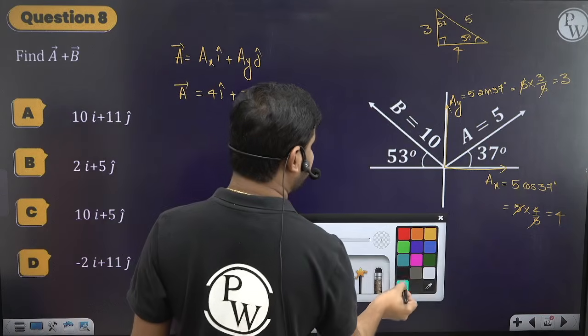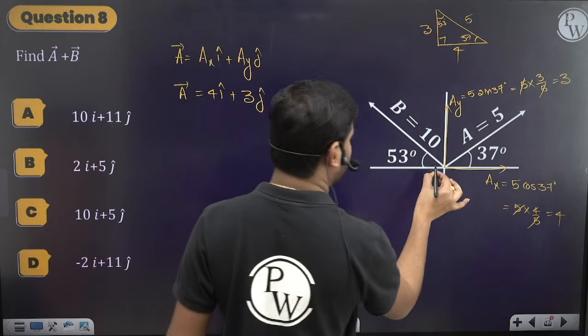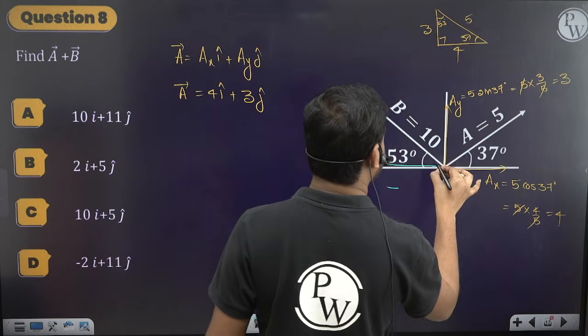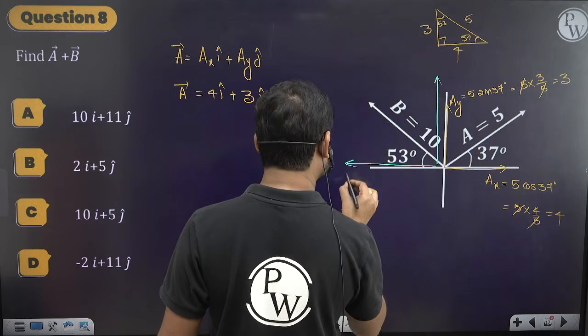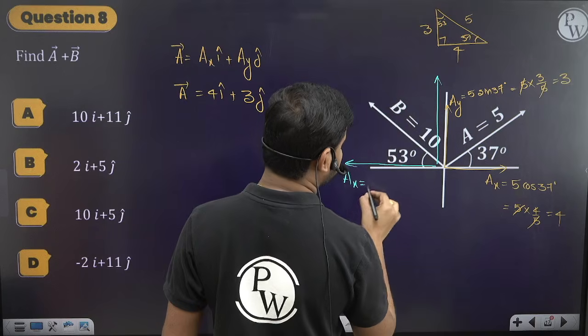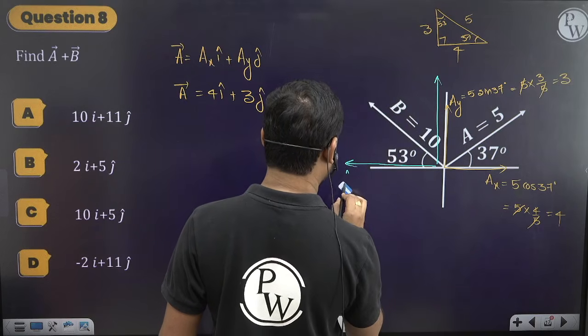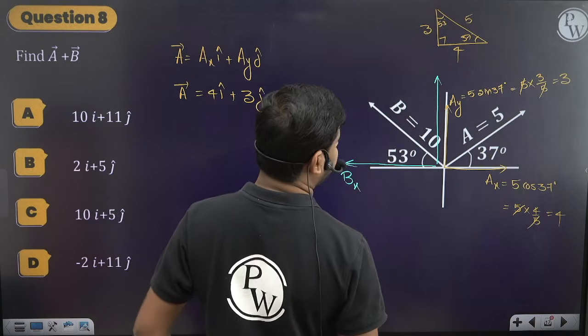Similarly, can we find the vector B? So vector B has also got two components. One component is this side, the other component is this side. So this component is along x, that's why it's going to be the x component of B. So how do we write?